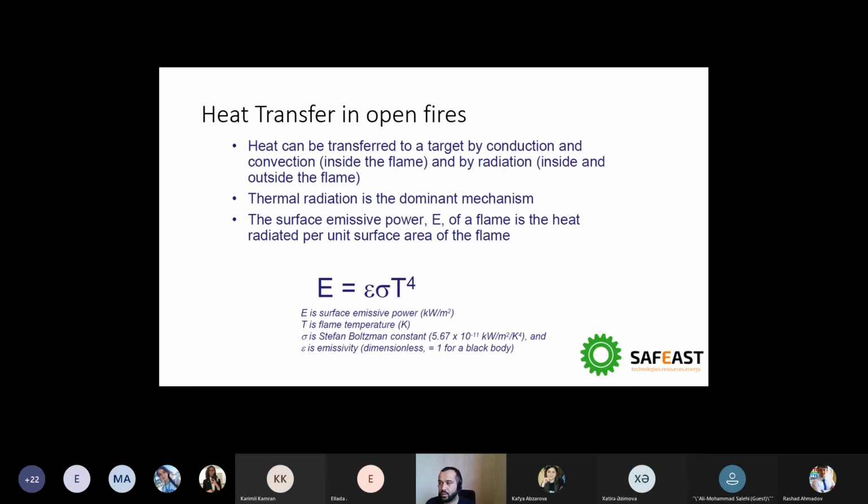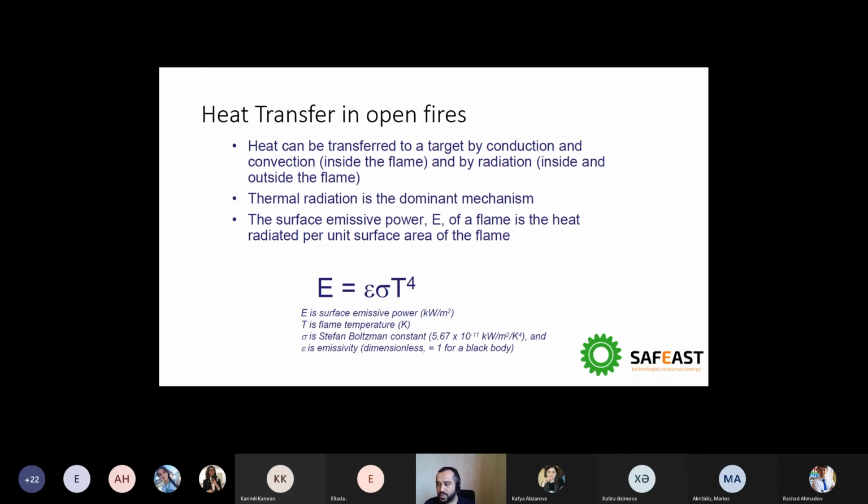I'm sure that you all know that heat can be transferred to a target by conduction, convection, or by radiation, and radiation can be inside and outside the flame. For the actual physical damage from all these fires, thermal radiation is the dominant mechanism. From pool fire and jet fire, you will see that thermal radiation is the dominant mechanism.